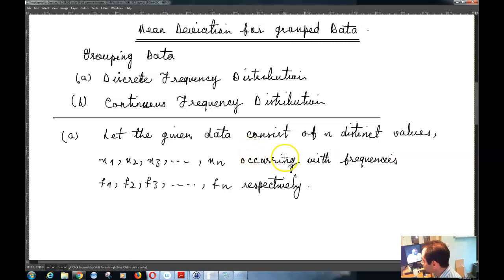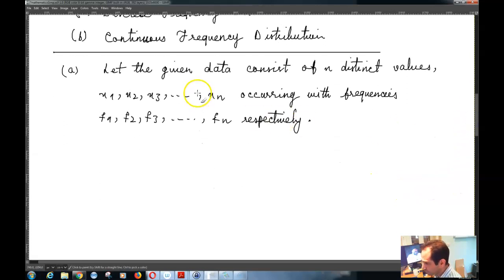Now this data can be represented in tabular form as below, and it is called a discrete frequency distribution.